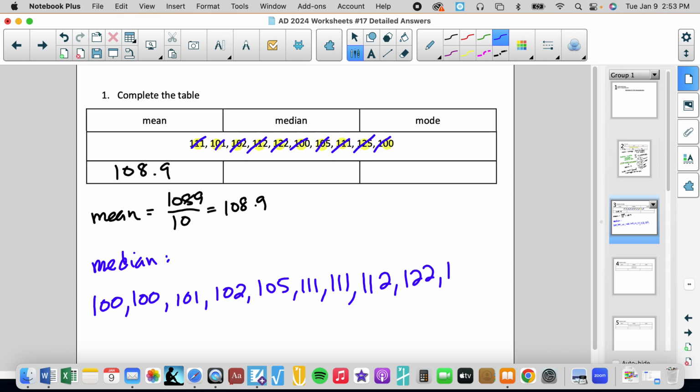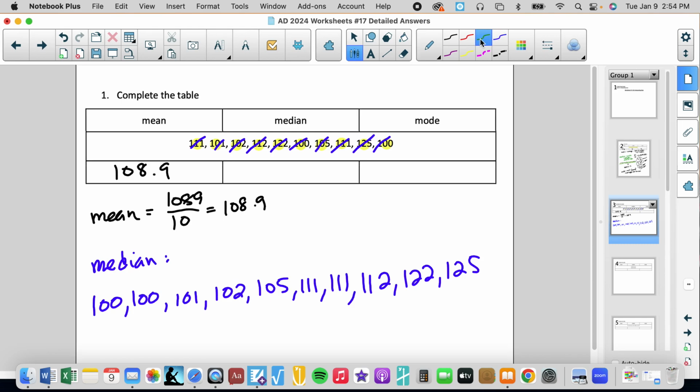and 125. Now I know that there are 10 numbers, so my middle is 5.5, which is not a whole number. So I would want to find the fifth and sixth. When we have two middles, you add them together and divide by 2.